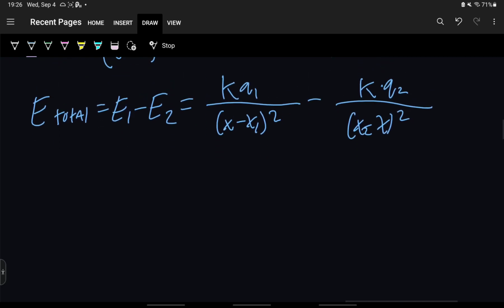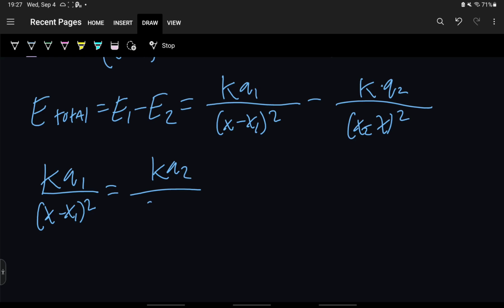We want to find the point where the total electric field is 0, so we set k times q1 over (x minus x1) squared equal to k times q2 over (x2 minus x) squared. Now we have to solve for x.